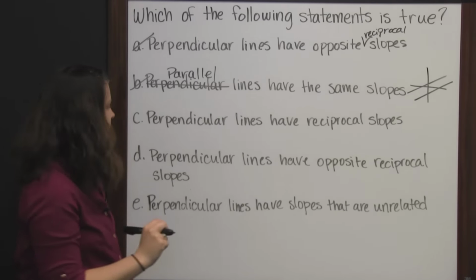So there is that line, the y equals 2x line. And then y equals -1/2 x, again, would also go through the origin since it has no y-intercept. And from there, we would go down 1 and over 2. So you can see how these lines intersect each other at right angles because they have opposite reciprocal slopes.